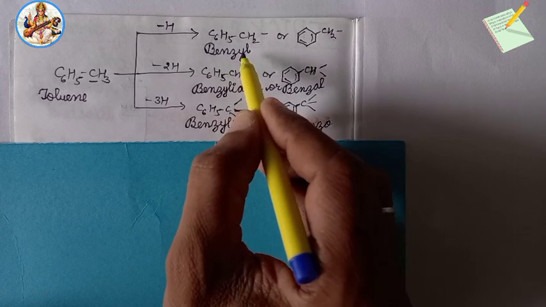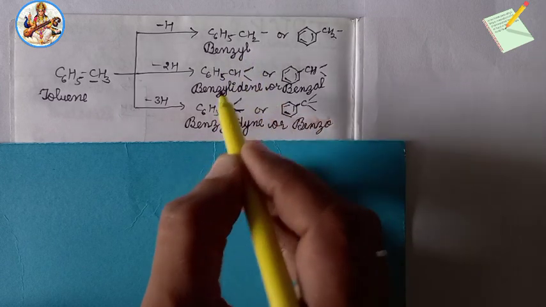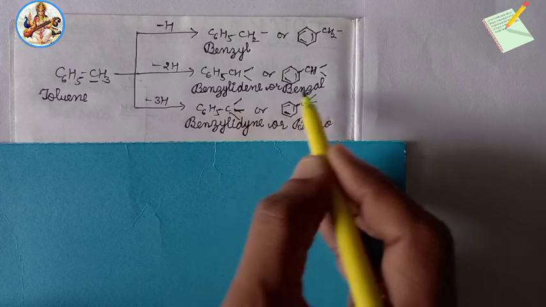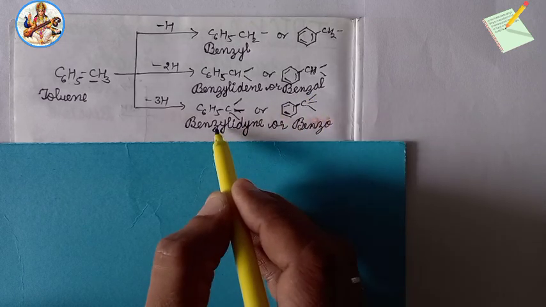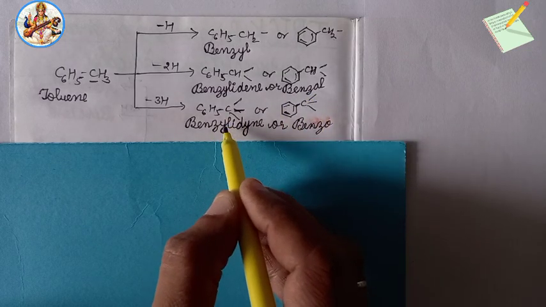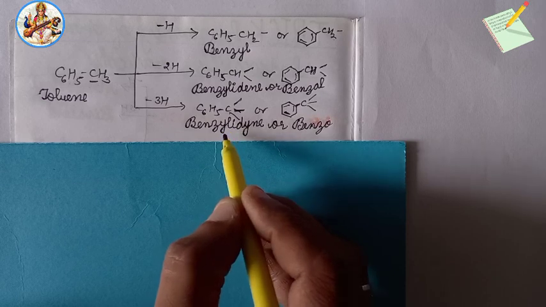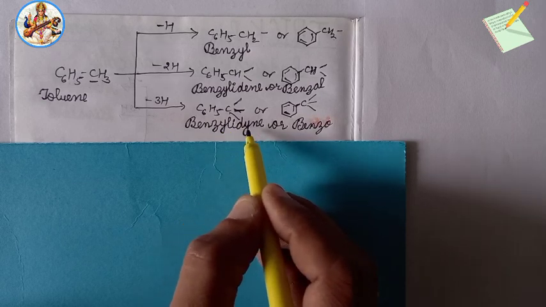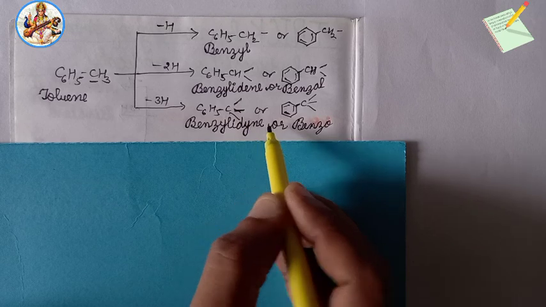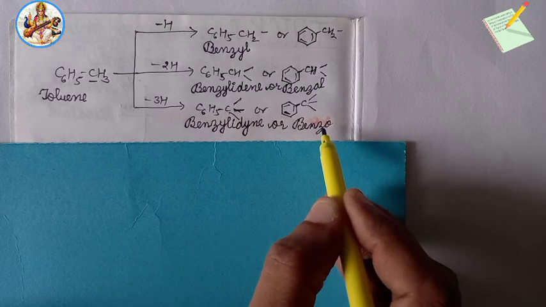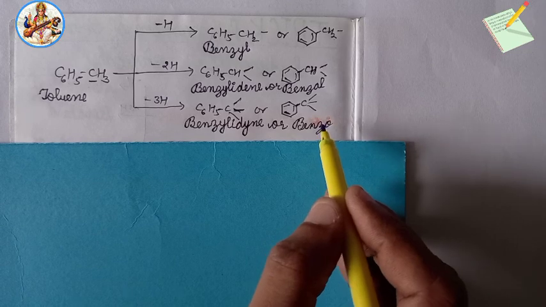So these are known as benzyl, benzylidene, and the trivalent radical is known as benzylidyne or benzo radical group. These are so important.